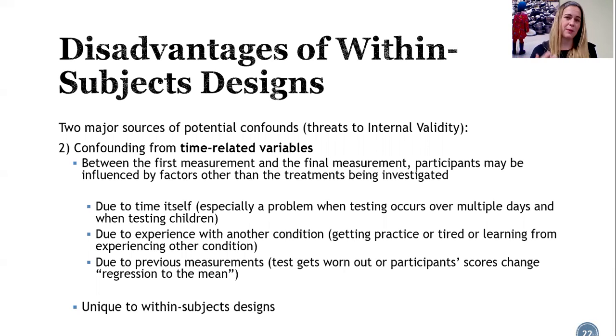And so this could be a potential confound because we wouldn't know whether it was the music you're listening to or the time that you were tested. So also things might change throughout the course of the week. You might learn more throughout the week, and this could impact your scores and have nothing to do with the kind of music you're listening to. This confound from time itself is especially a problem when we're testing kids because they change so much in a short period of time.